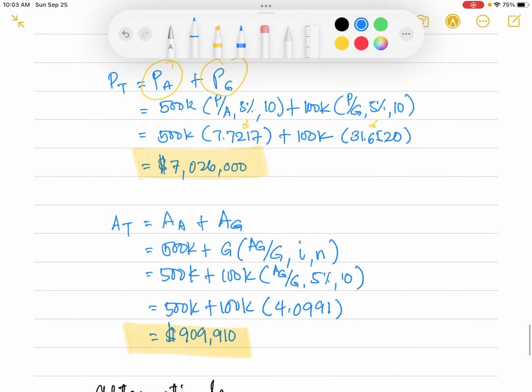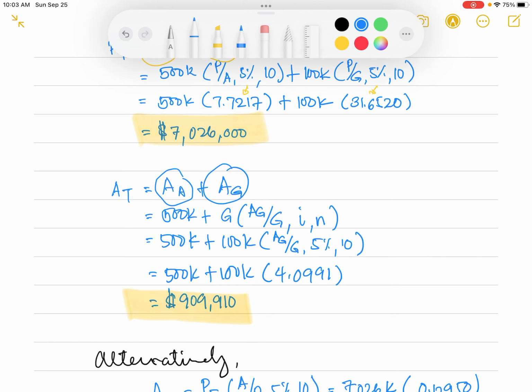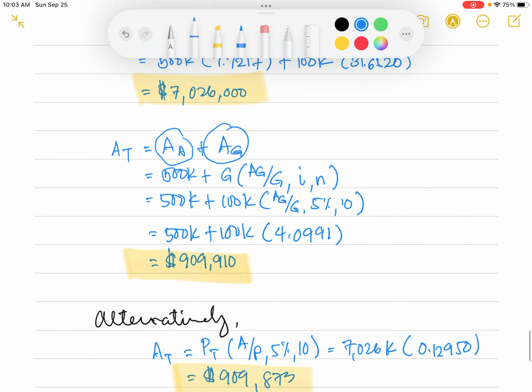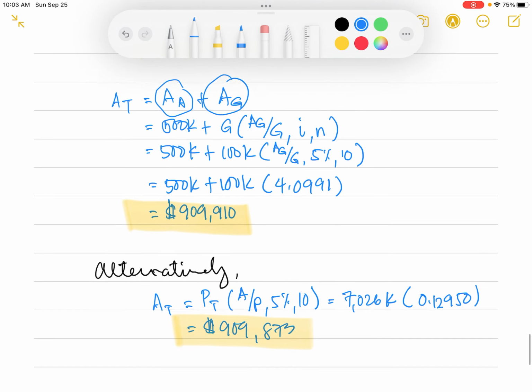So the equivalent annual worth is the same, the contribution of the base amount and the gradient. So it's a direct substitution of our values. Then we will end up with $909,910 every year. Or if you want, you can use the formula.